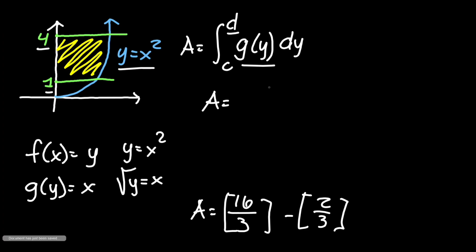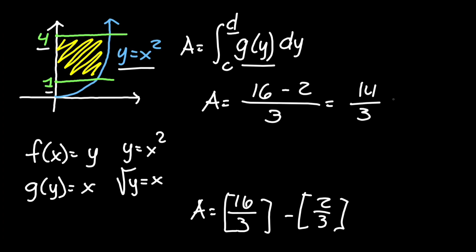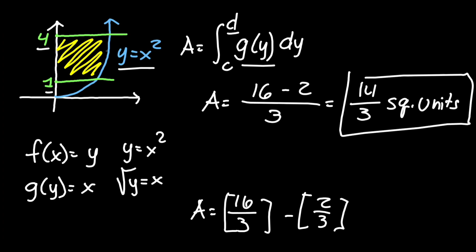So subtract these two fractions together. This would be 16 minus 2 over 3. Since they have the common base, no need to do something like multiplying. 16 minus 2 would be equal to 14/3. And so this would be your total square units, or the area of this shaded region.